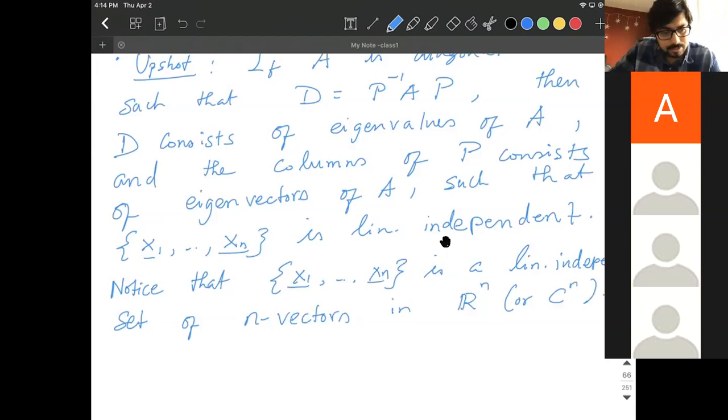So what does this tell you? You should appeal to one result from linear independence. Let's write it down.